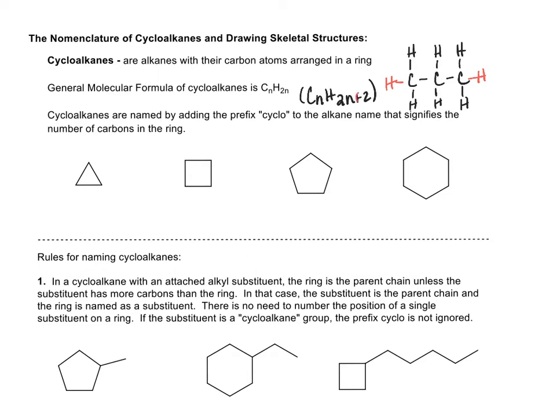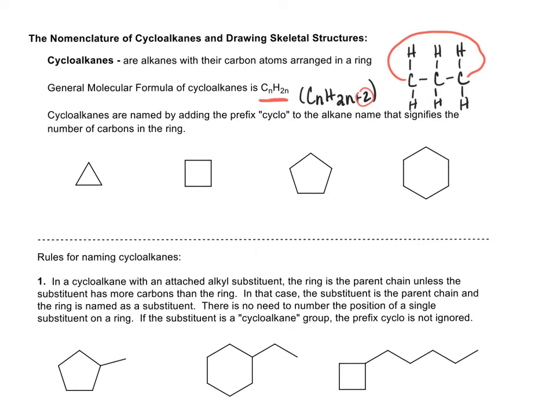So that's what this plus 2 is for, the caps on it. When we form a ring, it doesn't matter how many atoms are in our ring, we're going to basically remove 2 hydrogens and connect the ends together. So our general molecular formula is CnH2n.